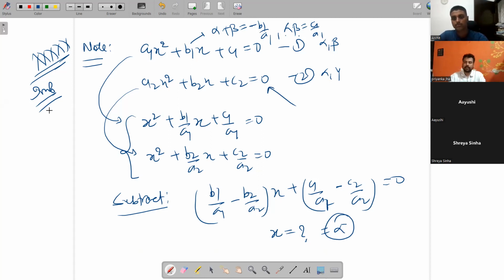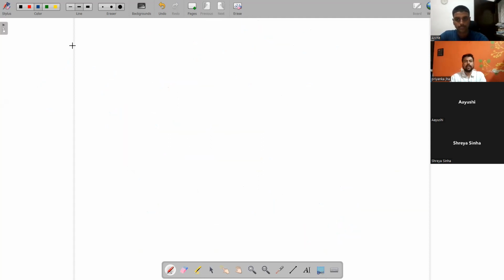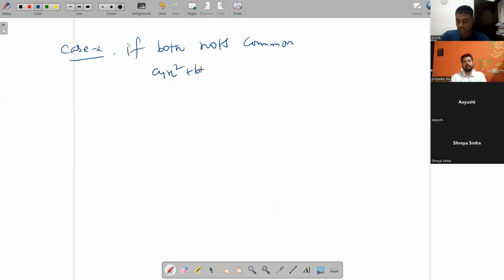Now, case 2. If both roots are common, suppose a1x square plus b1x plus c1 equal to 0, a2x square plus b2x plus c2 equal to 0.